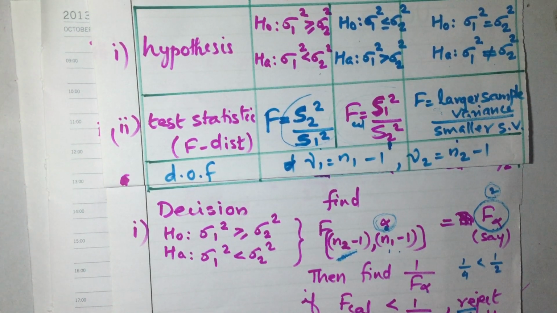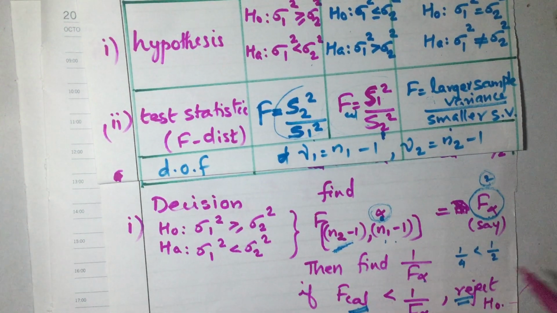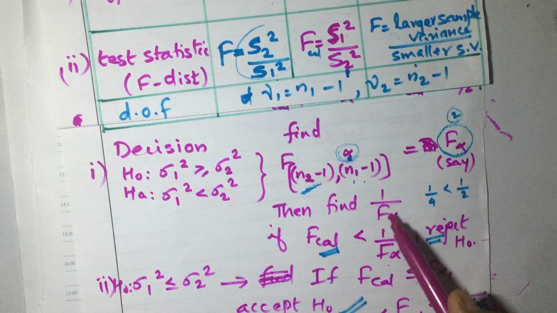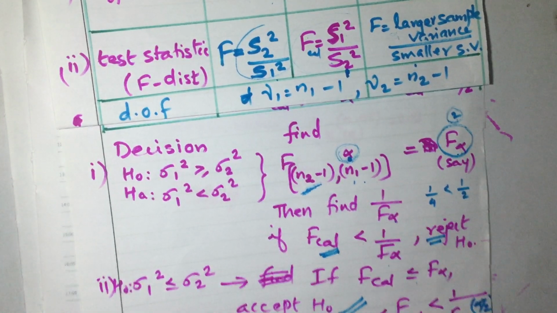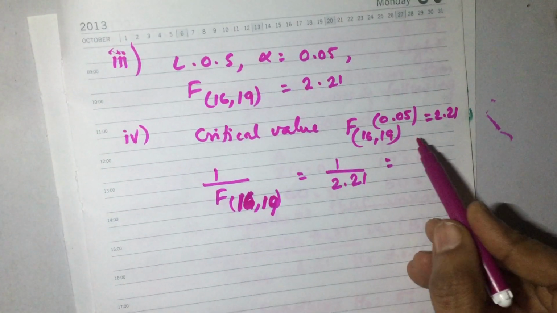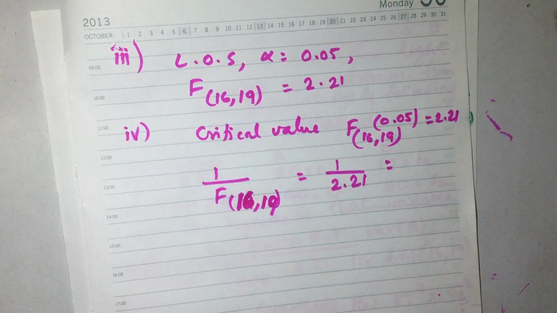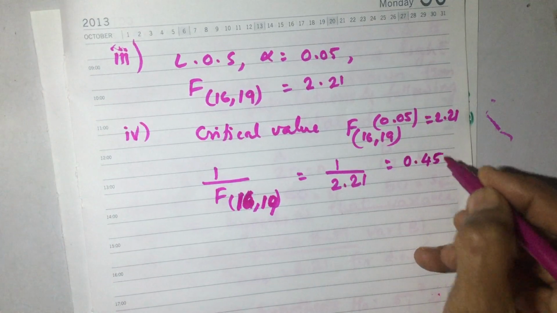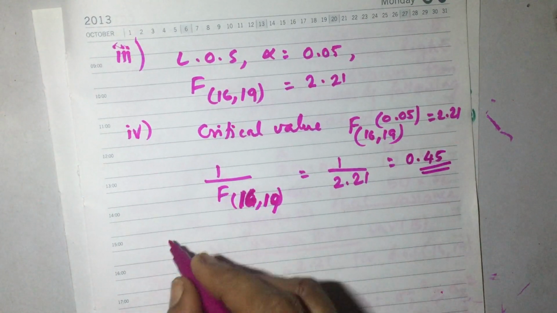Suppose its value is F alpha, then we find the reciprocal of that value. So here F of 16, 19 is given, you just find the reciprocal of that, that is 1 upon 2.21, which is equal to 0.45.